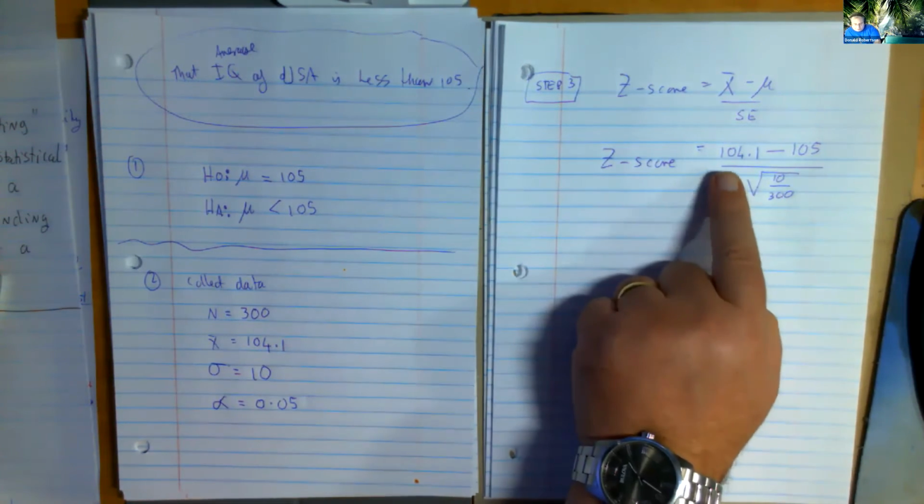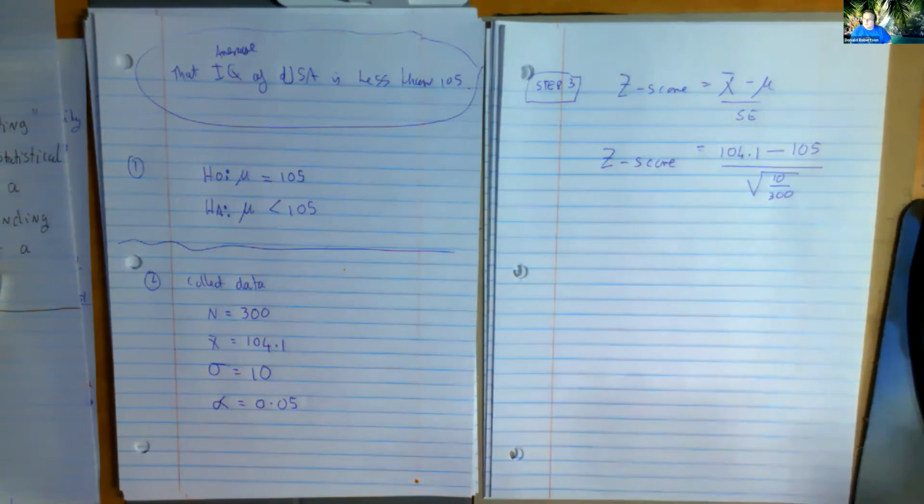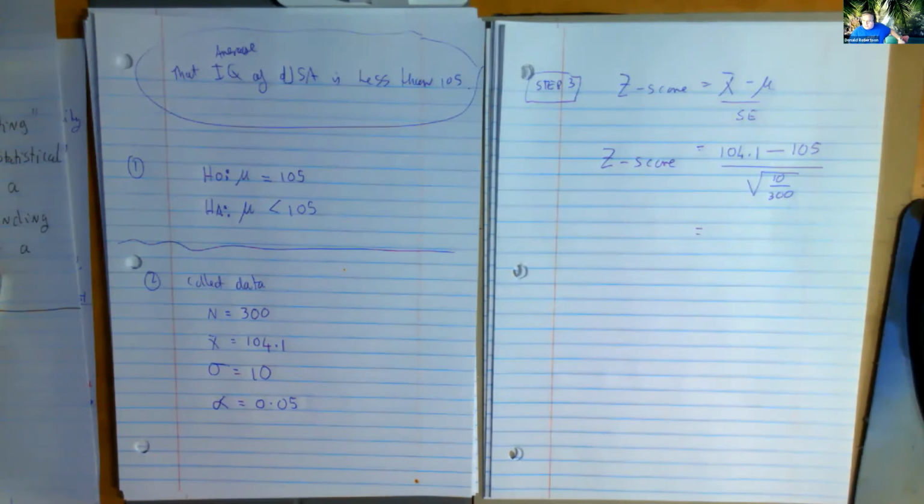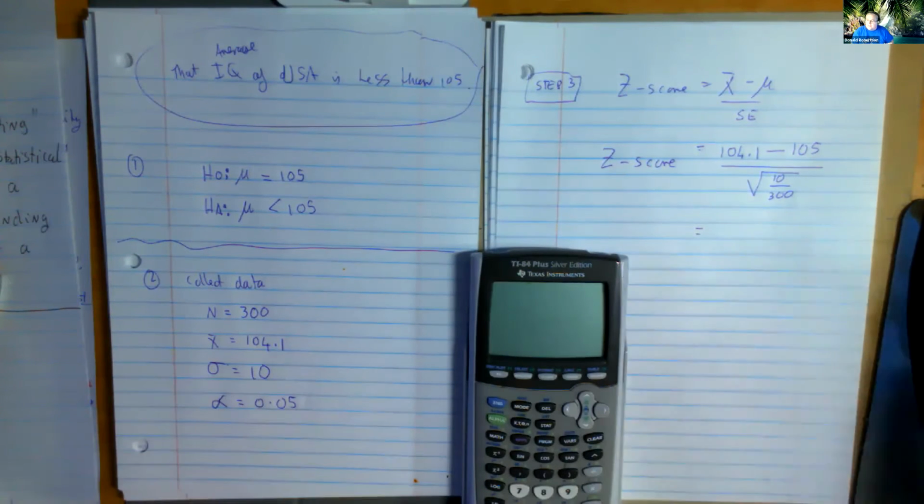Are we comfortable about where I got these numbers from? Right? Pretty much the same as last time. Now, this guy is going to be negative. I know that right now. I can just tell looking at them that we're going to get a negative answer, and that's okay. Negatives happen.